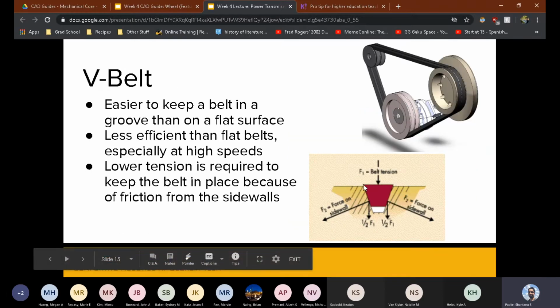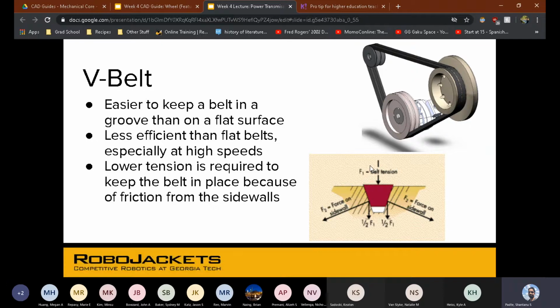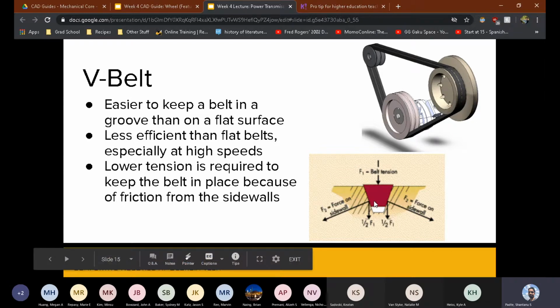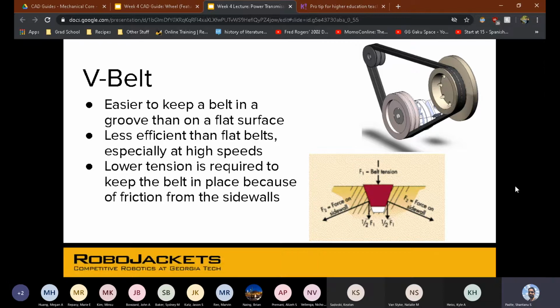A V-belt has this sort of V-shaped profile, like there is a groove in the wheels that you stick the belt into, because it's easier to keep a belt in a groove than on a flat surface. But because of the V shape, there is more friction along these walls, and so that means it's not as efficient at higher speeds.